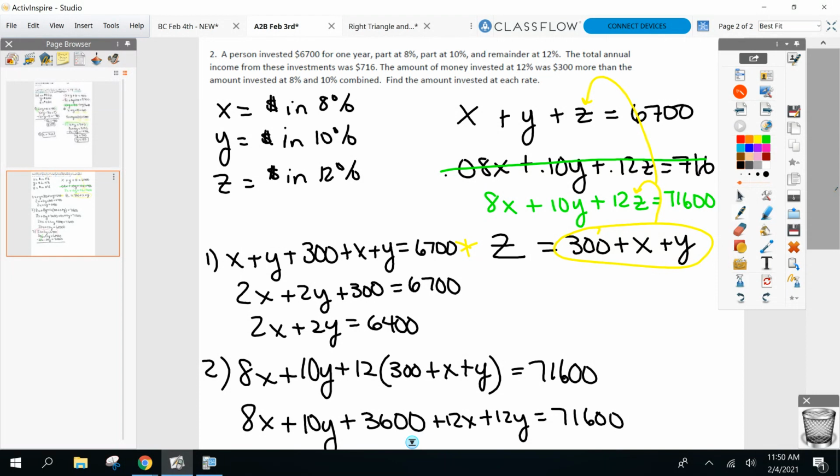Hey, go back to one of the three originals, guys. Plug in x and y and find z. It's up to you which one you want to plug into. Is one easier over the other two? Yes, but I'm not going to force you to plug it into one of them. Take your x and your y value we found, plug it into one of the three, and solve for z. And you guys let me know what you end up with for z.